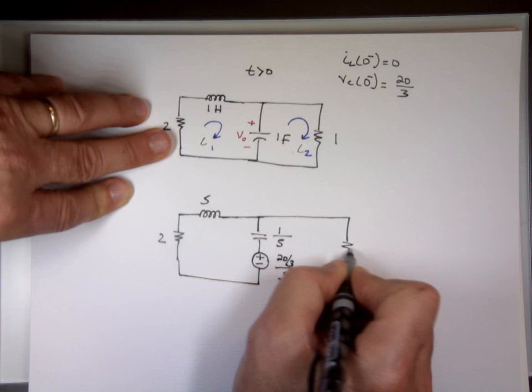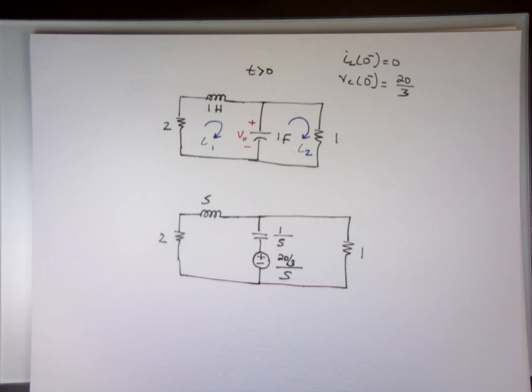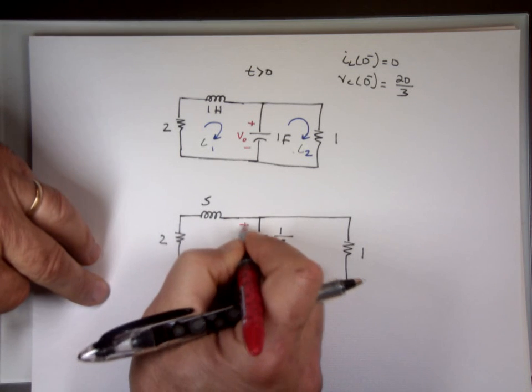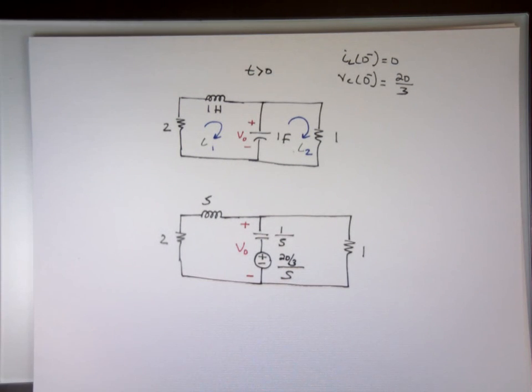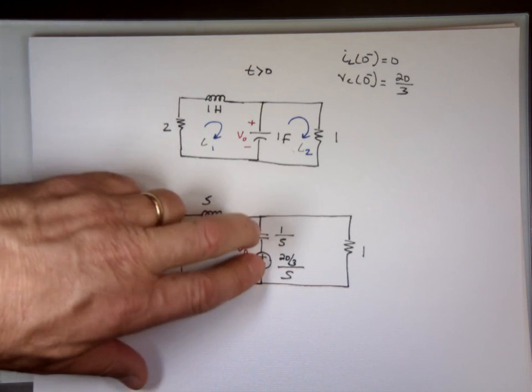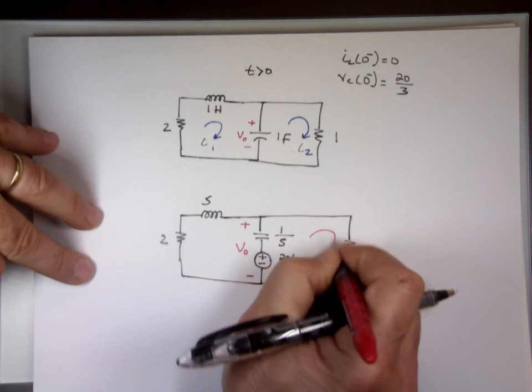And V out is actually the voltage across both of these, right there, from top to bottom. That's what V out is, because that's the voltage across the capacitor. Both of these are the capacitor combined. Now this is I sub 2 in capital letters, and this is I sub 1.